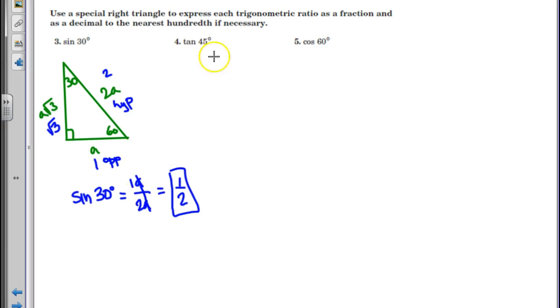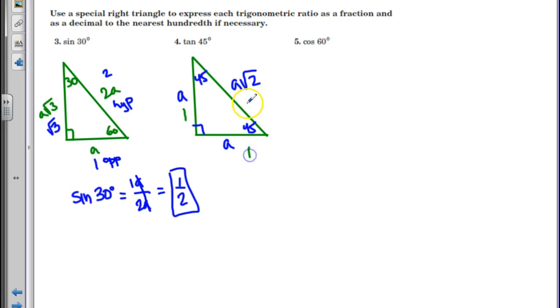All right, let's do the next one. Tangent of 45 degrees. We know the side lengths, the legs are both A, and then I have A times the square root of 2. We can do the same thing here that we talked about on the last one, and we can go 1, 1, and the square root of 2.